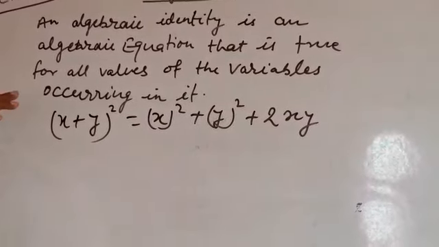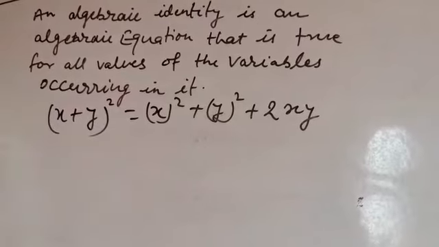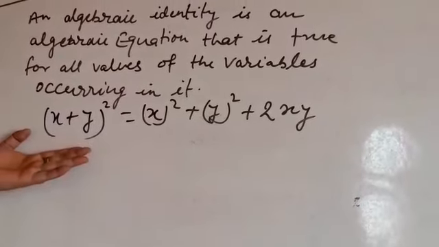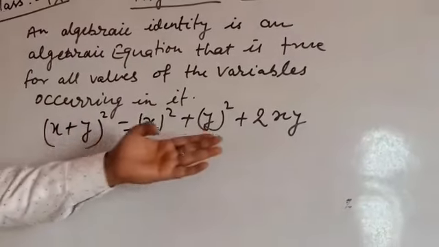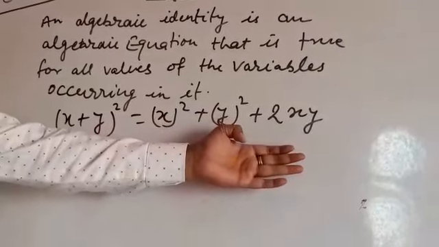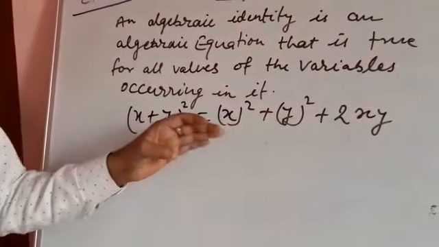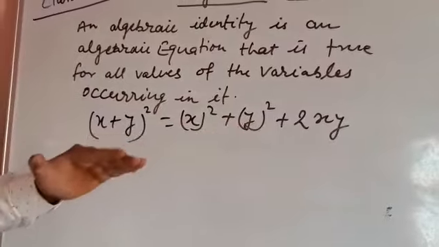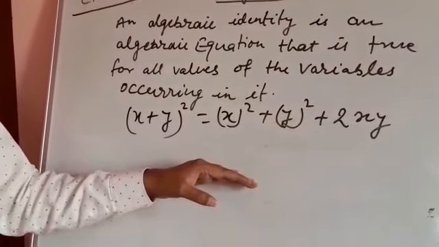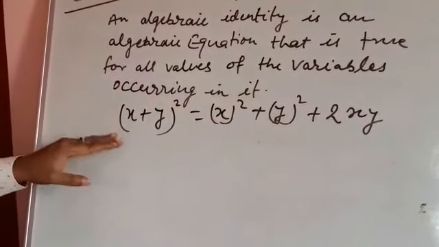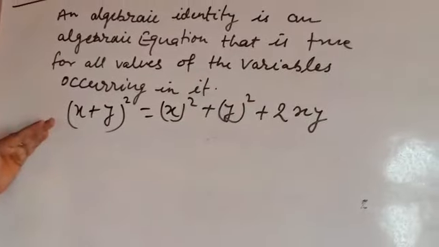I am talking first about this identity, (a + b)² or (x + y)², which was taught in class 8th or class 7th, how this becomes x² + y² + 2xy. So dear children, these identities will not only help you to multiply and write the result directly, they also will help you to factorize. Yes, if something is given in this format, you can write it in that format, and if something is given in that format, you can write it in this format.